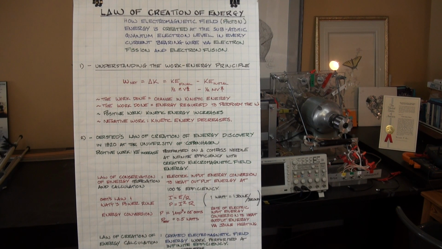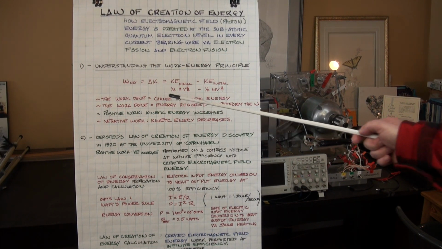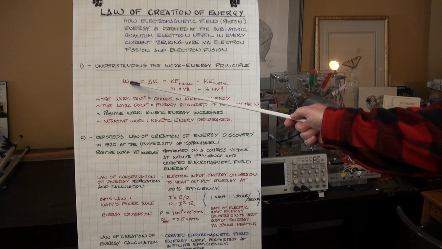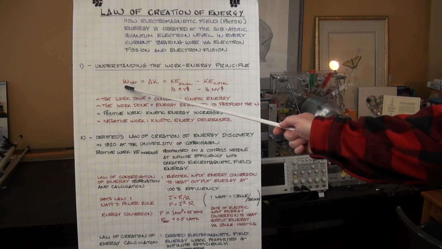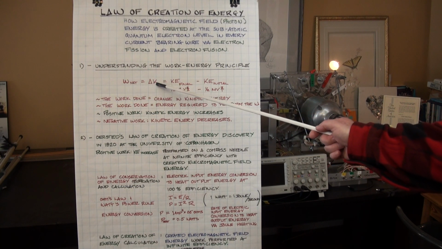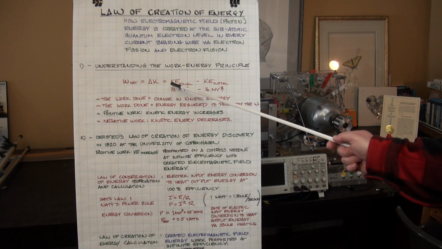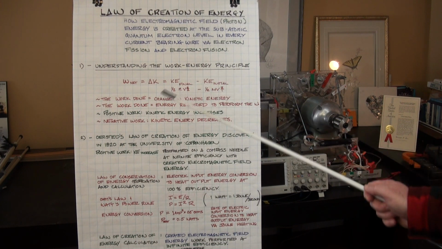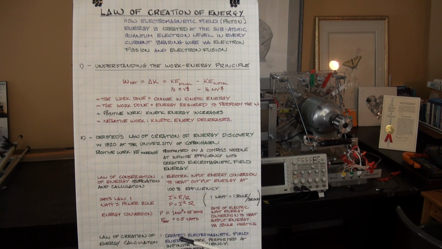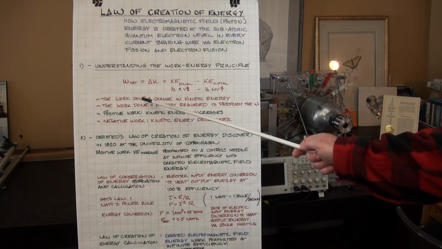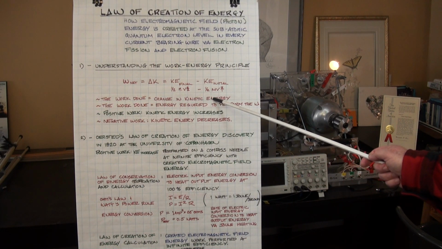And the work energy principle says that the net work done on a body or system is equal to the change in kinetic energy, which is equal to the final kinetic energy minus the initial kinetic energy. And the work done equals the change in kinetic energy.